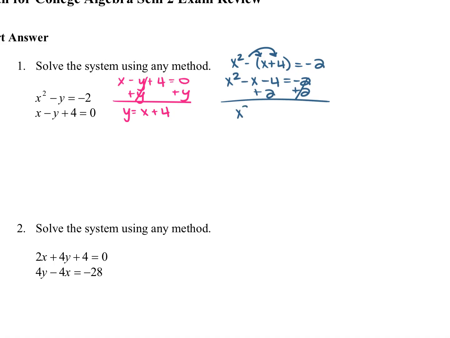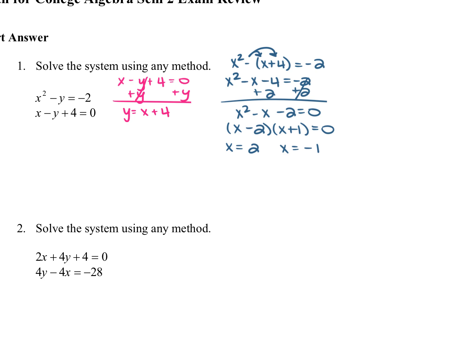So that's x squared minus x minus 2 is equal to 0. From here, we're going to factor in order to solve. So this gives us (x minus 2)(x plus 1) is equal to 0, giving us two x values, one that's 2, the other that's -1.